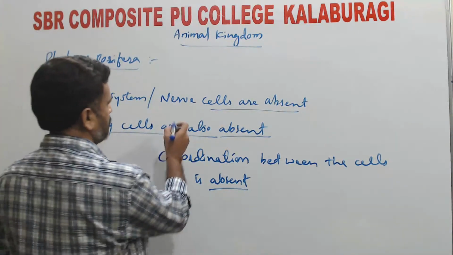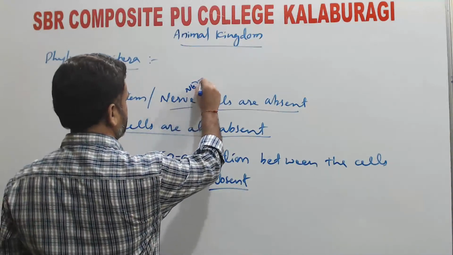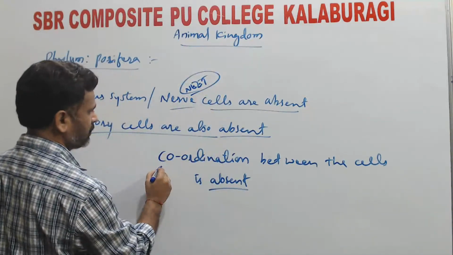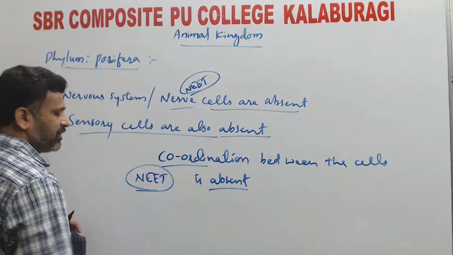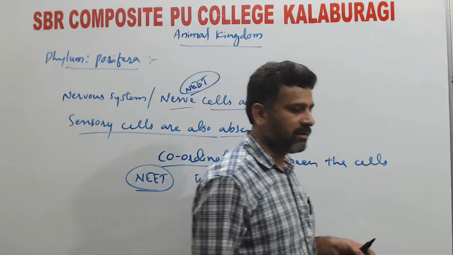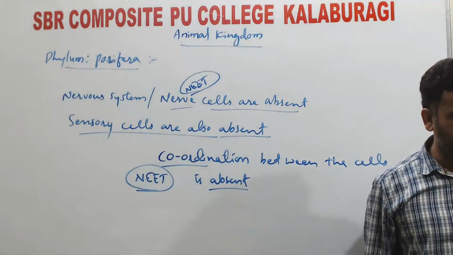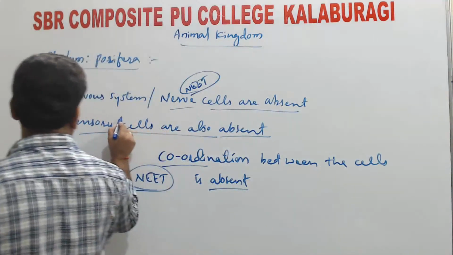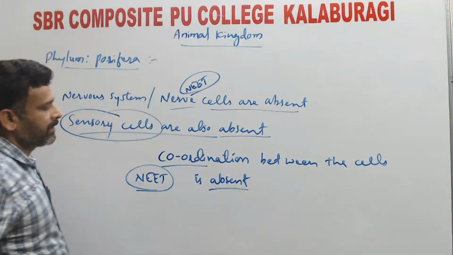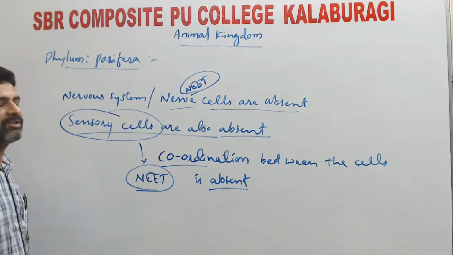And this one is asked in the NEET exam. The coordination between the body cells within the colony of Porifera is absent because of the absence of the sensory cells.